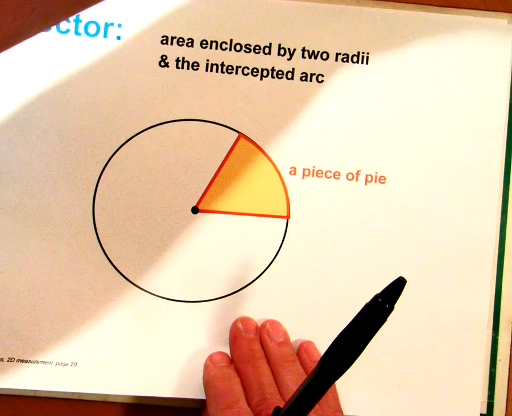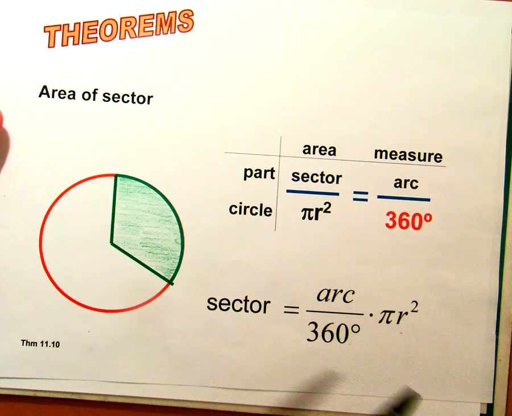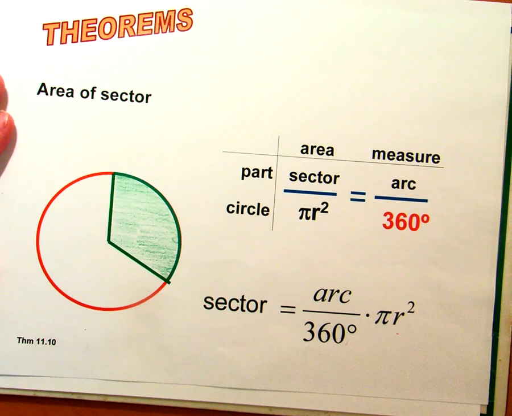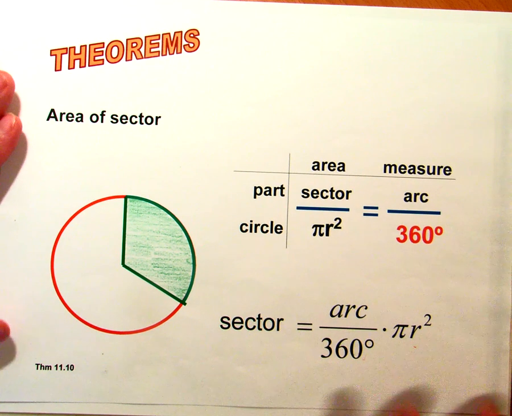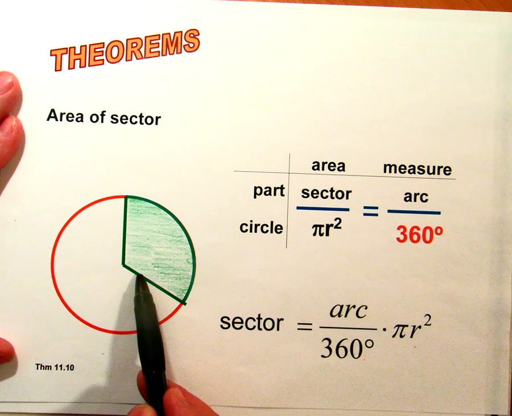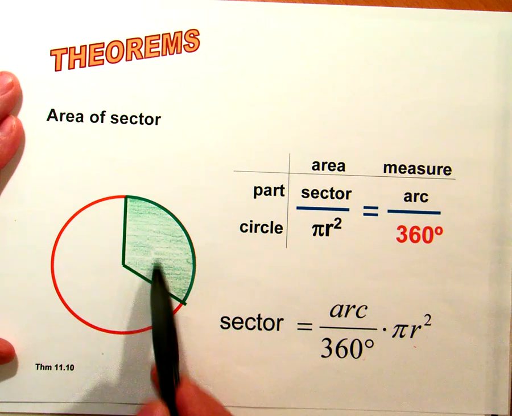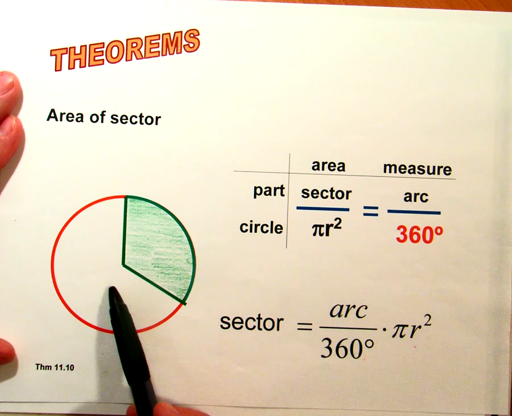Now, of course, we all know that the area of the entire circle is pi r squared. And we know from the similar argument to the one made previously in the unit before this one, it's all going to be proportional. If this is a 60-degree angle, which it's not, if this is a 120-degree angle maybe, then this is 1/3 of the whole pi.